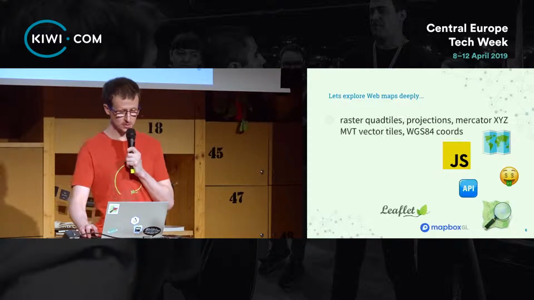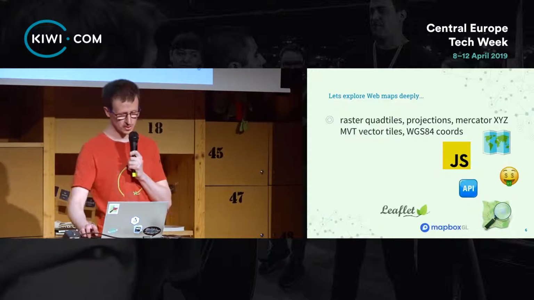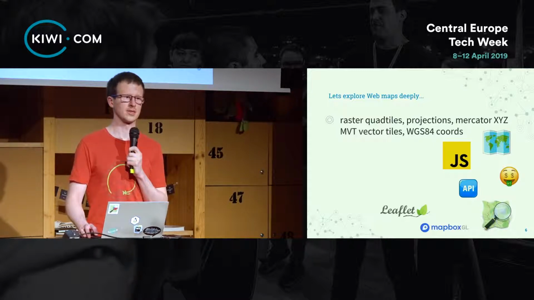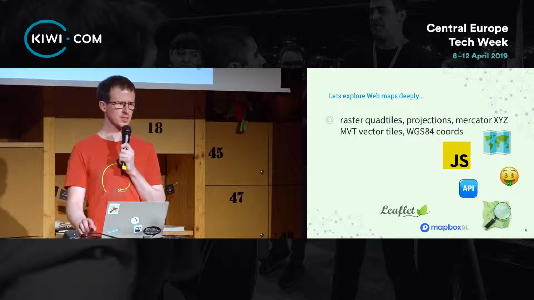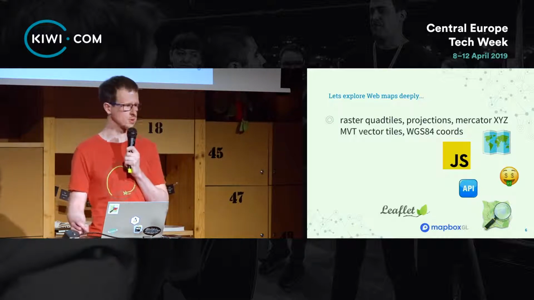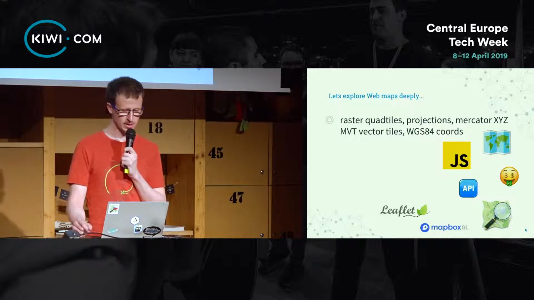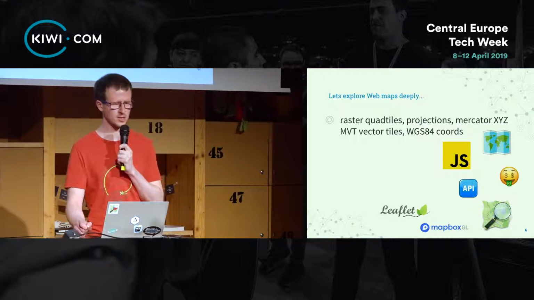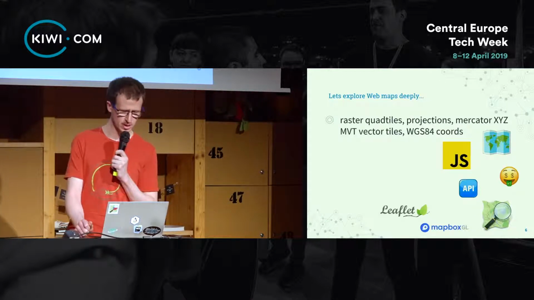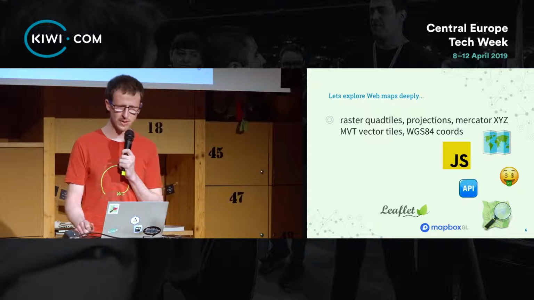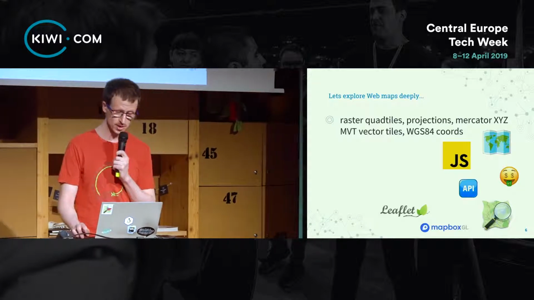Well, let's explore the topic very deeply. We will talk about how raster tiles work, a little something about projection, because it could be useful to know it. There is this Mercator projection, which is used kind of everywhere, also for vector tiles.